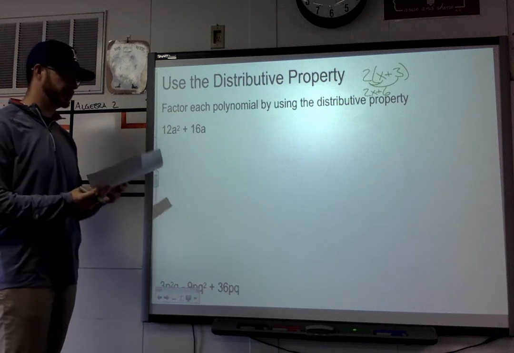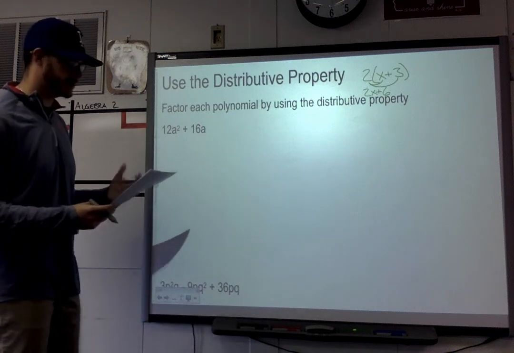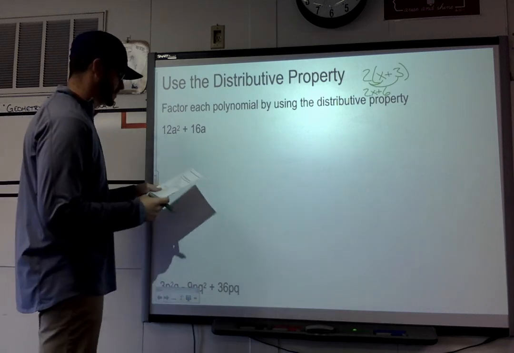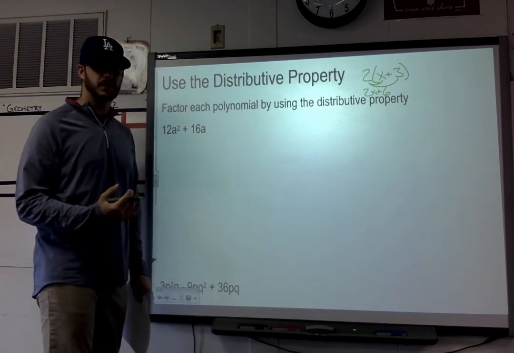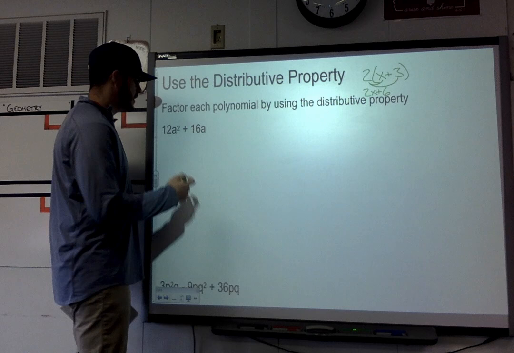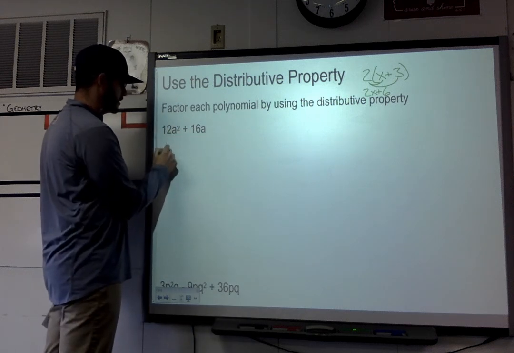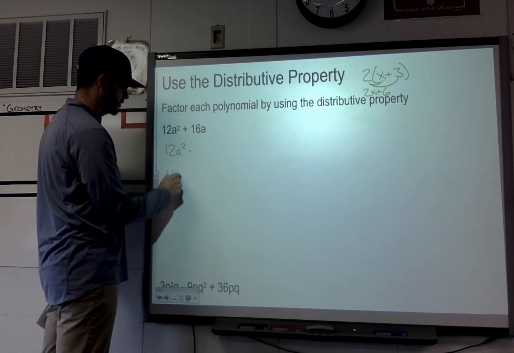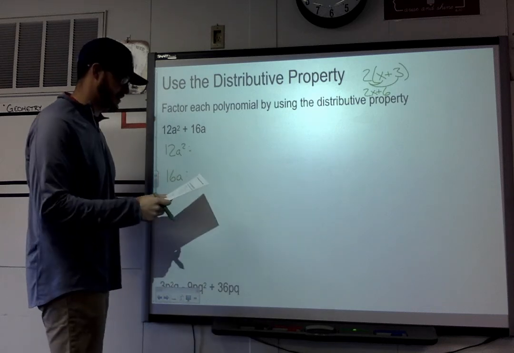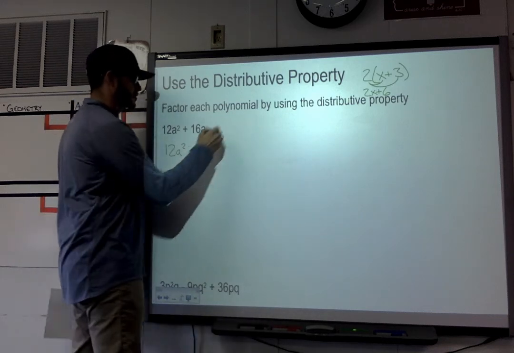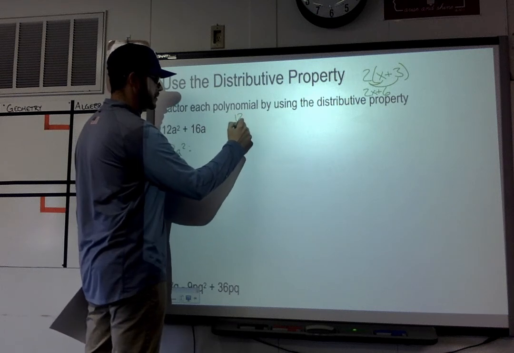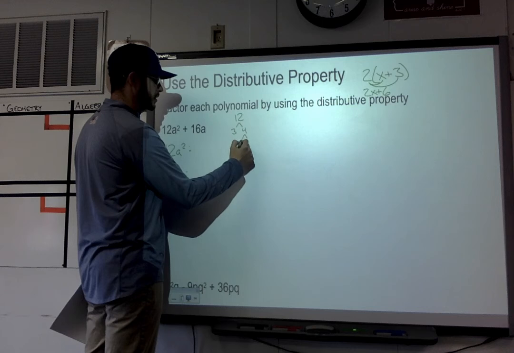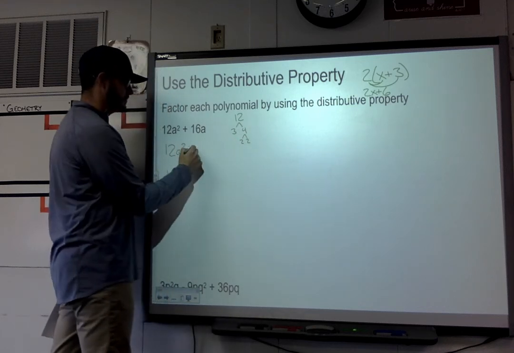On this first one, I'm going to show you the long steps of how to do this. We're going to go back to what we did on Tuesday, and take our two terms and write out their factored forms, or the prime factorization of each of them. If we take 12 and do a factor tree, we've got 3 times 4. 4 becomes 2 times 2.